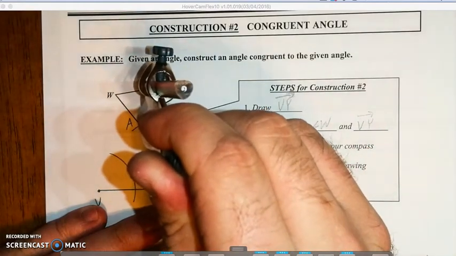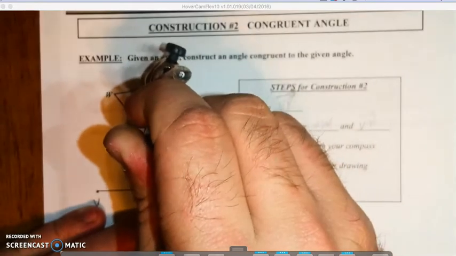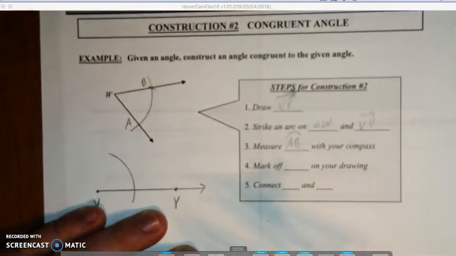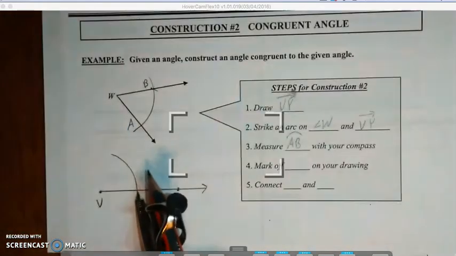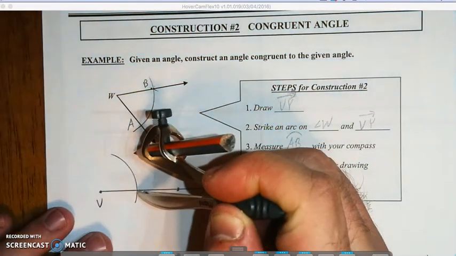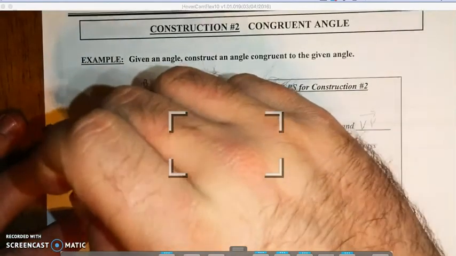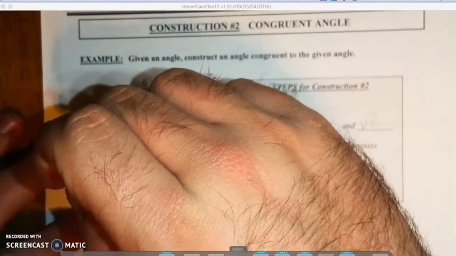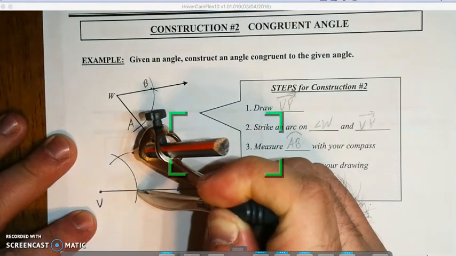Now if I were to draw an arc, it would go from A to B. I come down here, and on this point, I put the pointy edge here and draw another arc. So you see we draw that arc there.